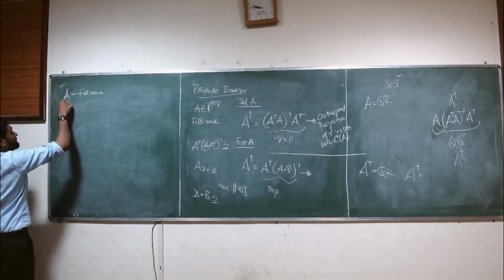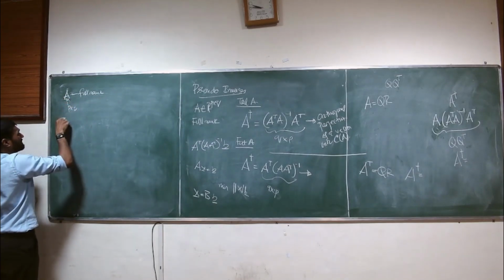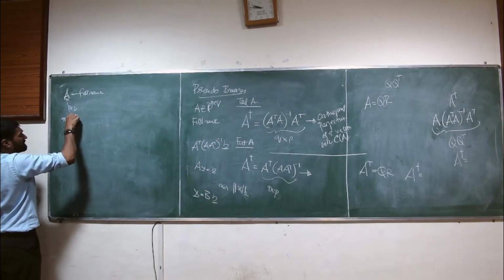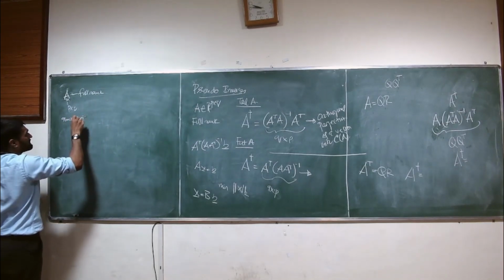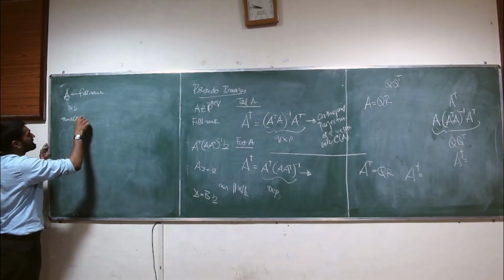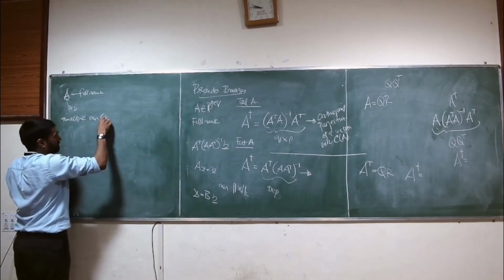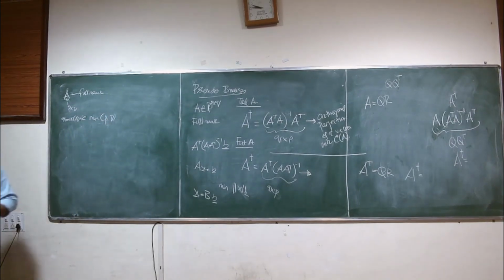The rank was P or Q, the minimum of P or Q. But what if the rank was less than the minimum of P comma Q? Then what happens?